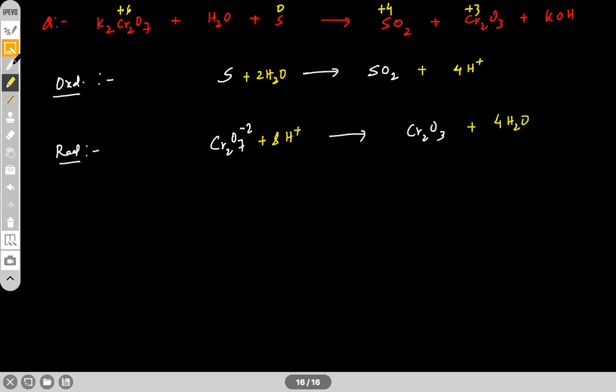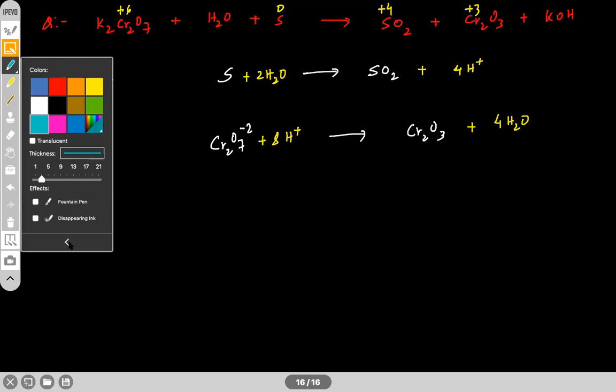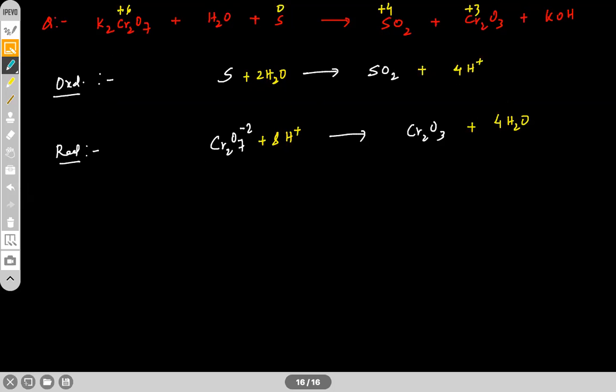Okay. Charge, if you balance, here we have neutral 0 charge plus 4 charge, correct? So you have to minimize to 0, so 4 electron. Here we have 8 positive minus 2, net is 6 positive, and here it is 0. So we have to add 6 electron this side.